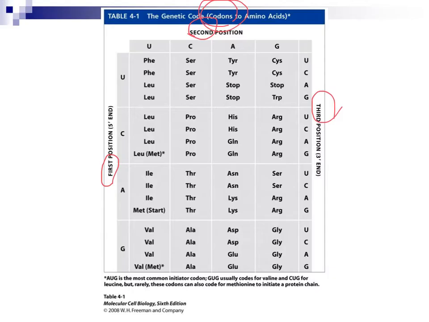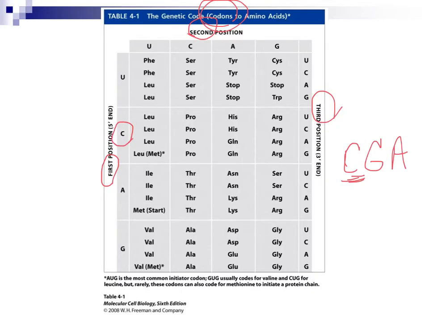So on here, for example, if the sequence from 5' to 3', we'll just pick a particular example, C, G, A. That would be the sequence in the messenger RNA from 5' to 3' that would represent one codon. So to use this particular chart, C would be the first because that's at the 5' end. So you look for C at the 5' end under the first position.